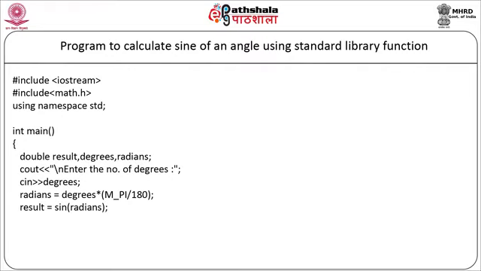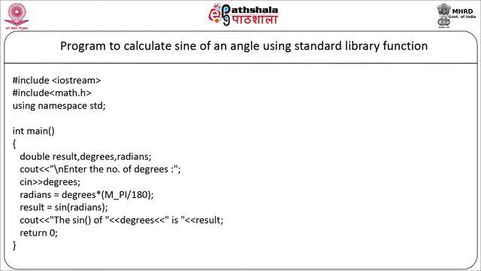Result is equal to sin, which is the name of the built-in function, inside bracket radians. Here for this particular sine function we just should know the syntax of how to use it and which parameters have to be passed. cout, the sine of degrees is the value of the result, return 0 and the main function will end.